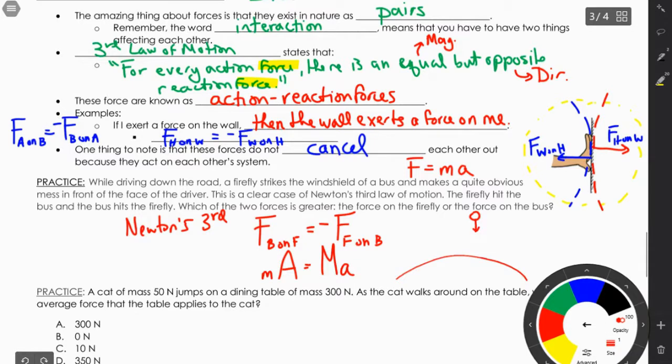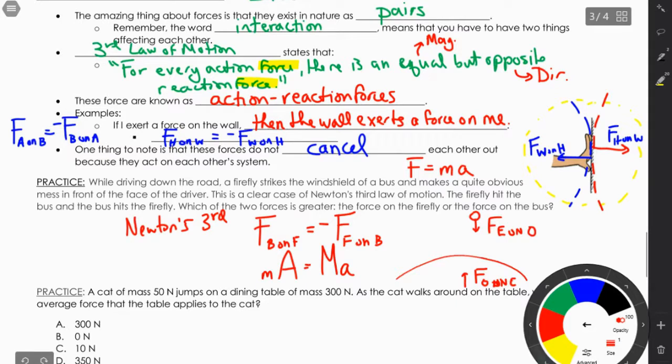Another question is this: if an object falls, right? So yeah, we understand that the object is being pulled towards the Earth, right? So F of Earth on object. But what happens is the Earth is actually getting pulled up by the object, so force of object on Earth, right? But here's the thing. Notice that my arrow that I drew for my Earth or my planet is still inside, okay?